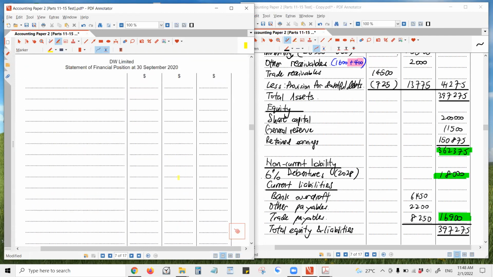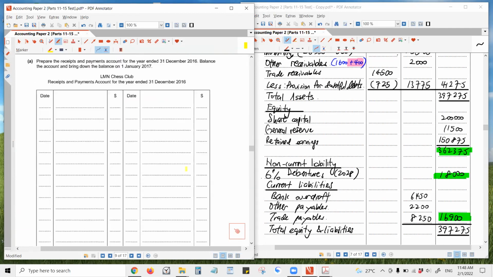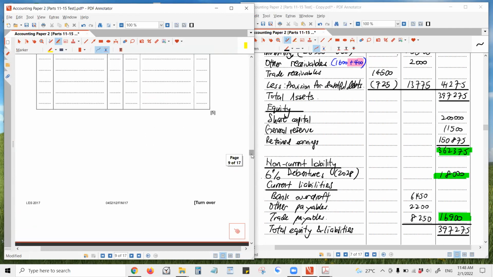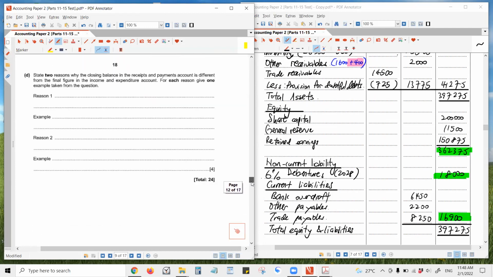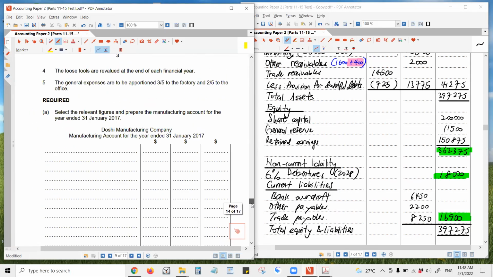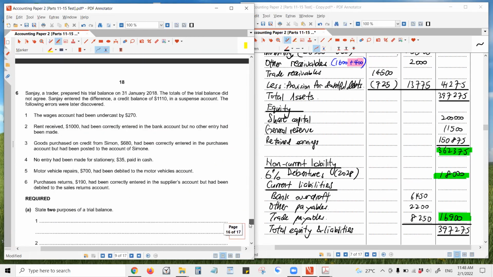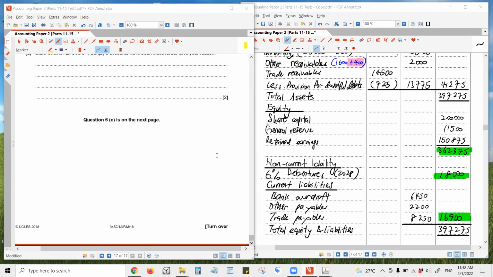Next question is what? Okay, club and societies. Okay, part A, part B, part C, part D. Then manufacturing question. Then finally, correction of accounting error.